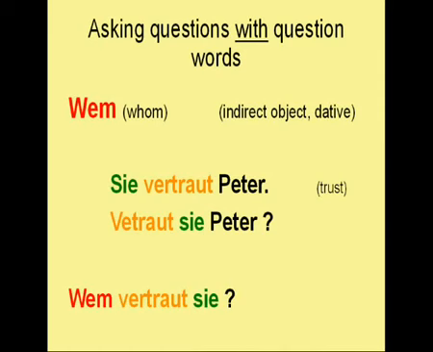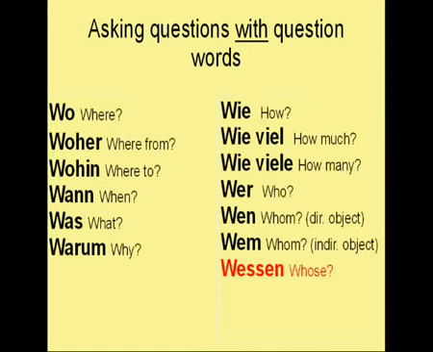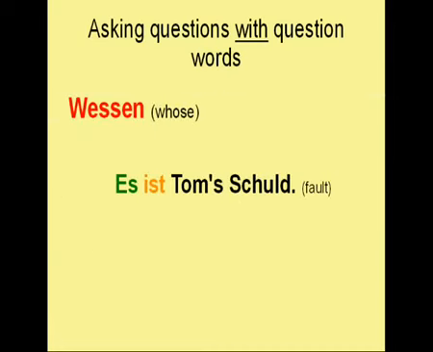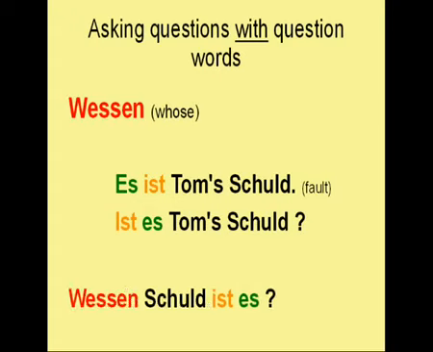"Wem vertraut sie?" Whom does she trust? And then we have the word wessen, which means whose. "Es ist Toms Schuld." It's Tom's fault. "Ist es Toms Schuld?" Is it Tom's fault? "Wessen Schuld ist es?" Whose fault is it?